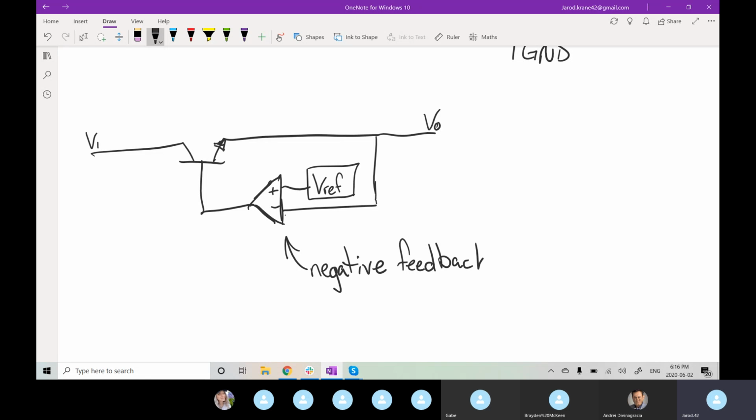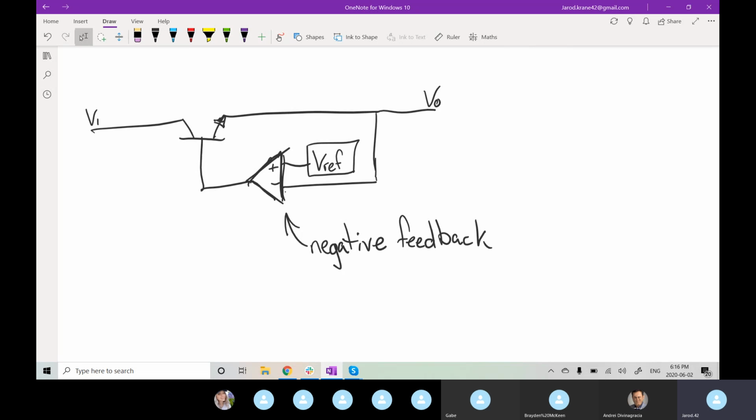I will discuss the op amp negative feedback non-inverting stuff in another lesson, to deep dive into what that means and how the device actually behaves that way.